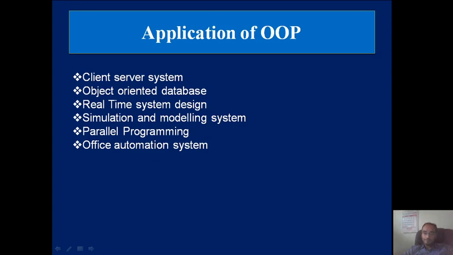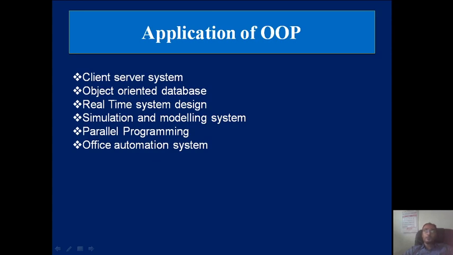For real-time system design, to deal with real world, real time applications, we can also utilize the power of object-oriented programming. Simulation and modeling systems also use this kind of application. For example, Visual C++ or Visual Code can be used for developing simulation and modeling structures.